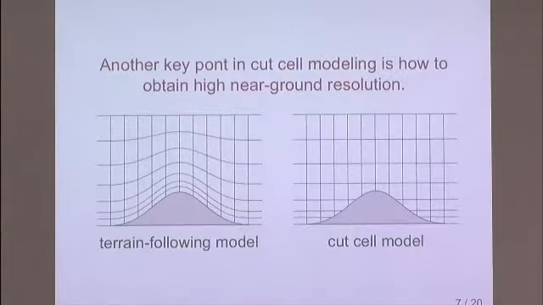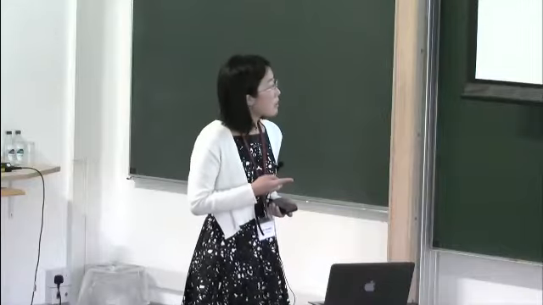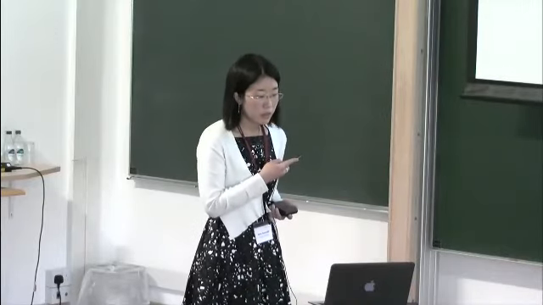Now, in addition to the small cell problem, there's another problem when you introduce Cartesians to atmospheric models. That is how to obtain high vertical near-ground resolution. As you know, in order to resolve the boundary layer around the topography, model levels are commonly spaced more closely near the topography.